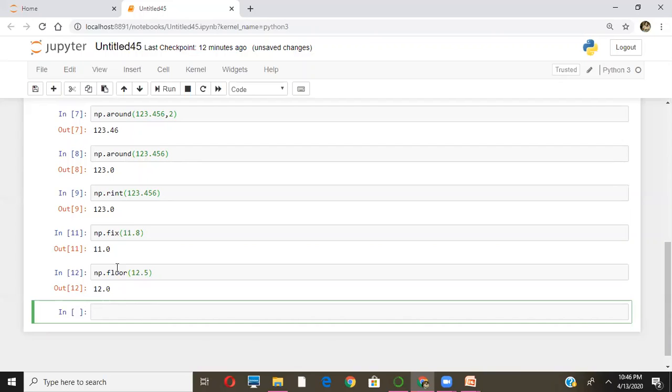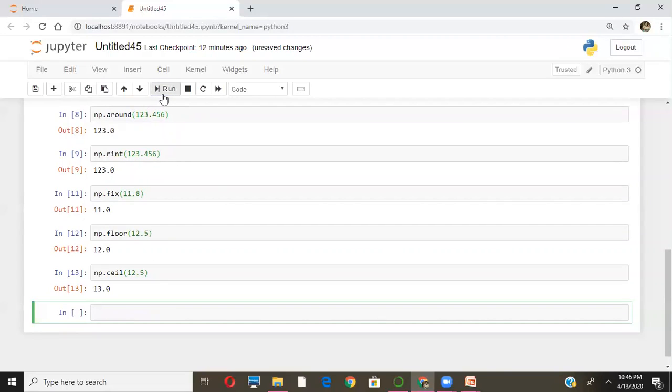And suppose I do the same thing for ceil. So I can do np.ceil, and I'm going to give here 12.5. As I told you, 12.5 is lying between two values, 12 and 13. So the ceil or the upper value will be 13. So 13 will be returned.